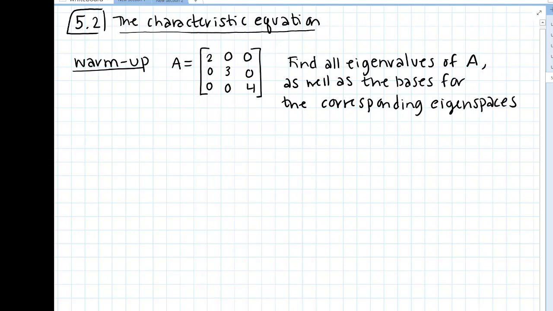Which is just kind of a fancy way of saying what is the set of all eigenvectors. So eigenspace is just the set of all eigenvectors, and we're just trying to find a basis for each of those eigenspaces.